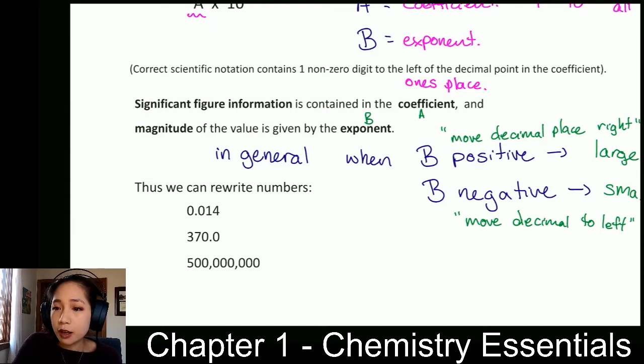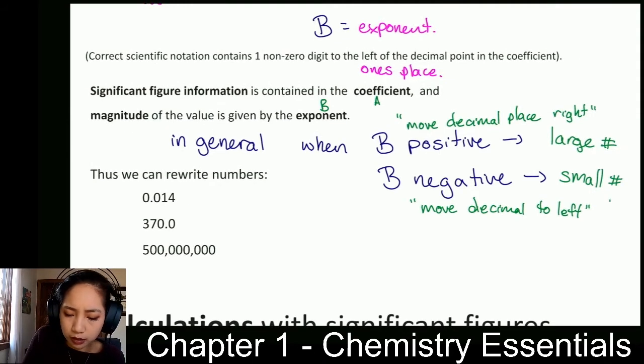Now let's think about how we can rewrite numbers into scientific notation, because then the lefts and rights kind of switch. So again, if you use your logic and just think, okay, when b is positive, your exponent's positive, that's a large number. When b is negative, you have a small number. Small meaning less than 1.